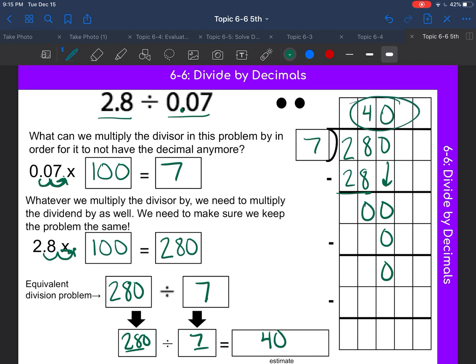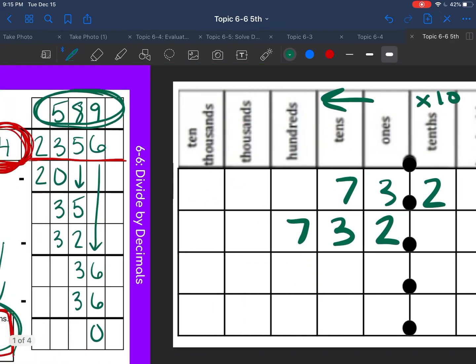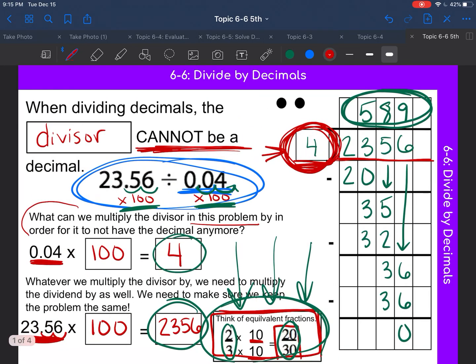Okay? So the big thing with this is you just need to make sure, this is a really important fact, that the divisor cannot be a decimal. So if you're left in a situation where the divisor is a decimal, you need to shift that decimal or multiply by a certain number.